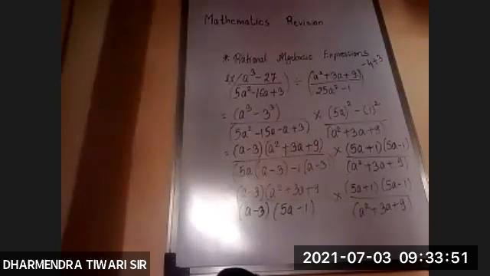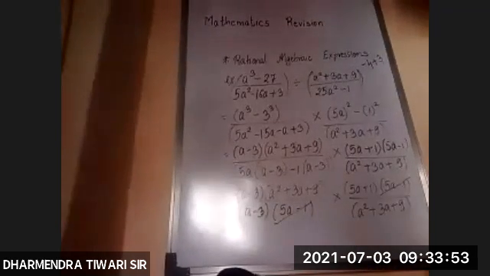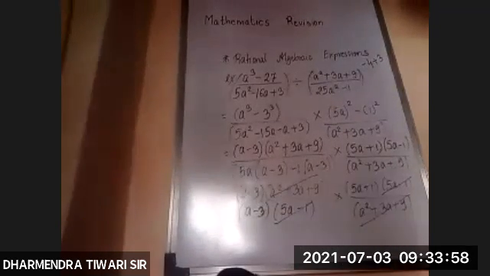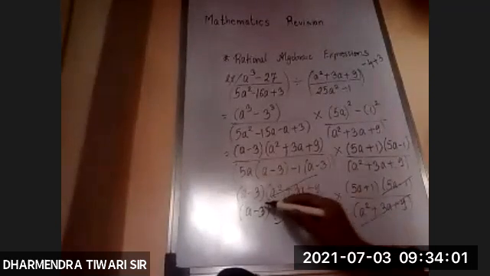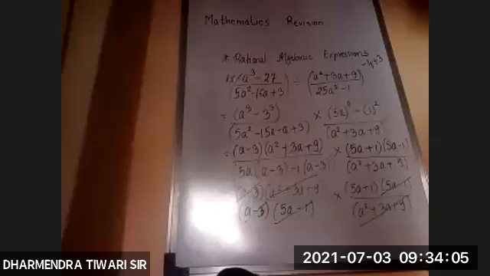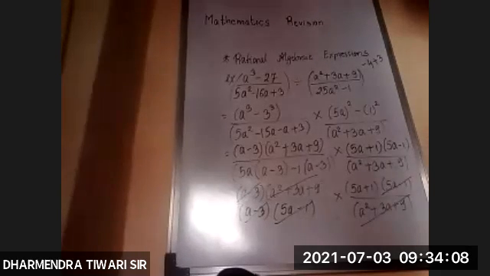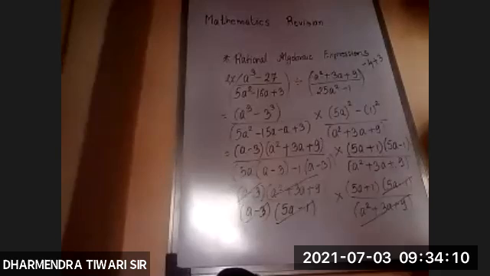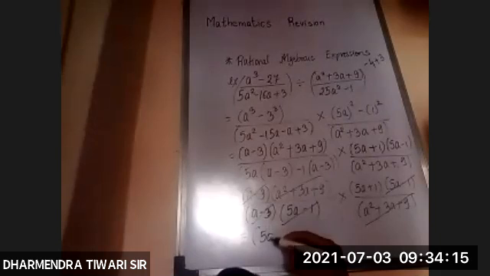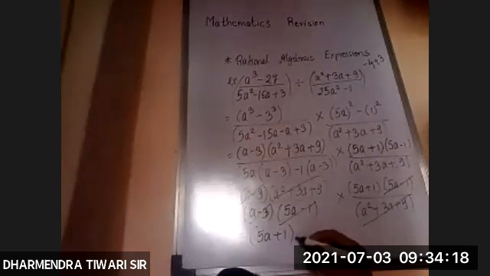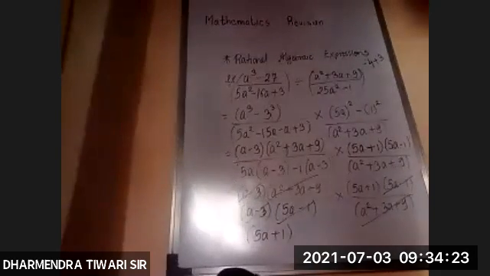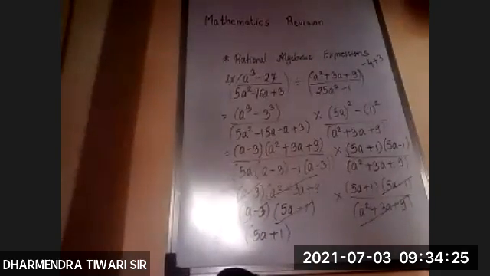What is our observation? 5a minus 1, 5a minus 1 gets cancelled. A square plus 3a plus 9, a square plus 3a plus 9 gets cancelled. A minus 3 gets cancelled. Every term gets cancelled except 5a plus 1. So my answer is 5a plus 1.